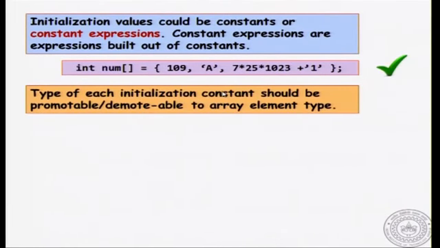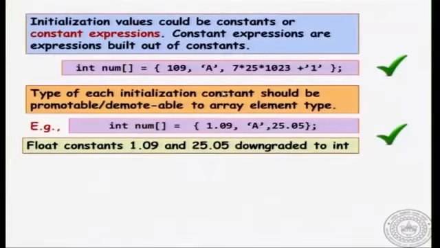So the type of each initialization constant should be promotable or demotable to the array element type. Each value in the initialization list should be compatible with, let's say, integer, because we have declared the array of type integer. What do I mean by that?